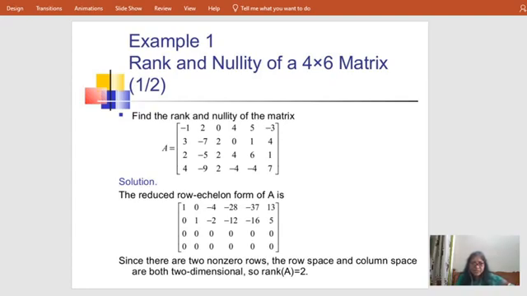And the second row in the row echelon form is 0, 1, minus 2, minus 12, minus 16, 5.